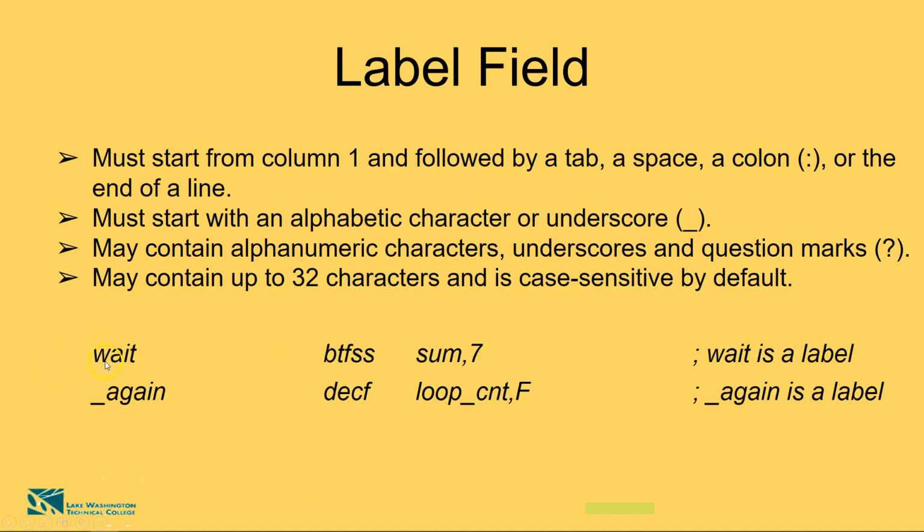You cannot make it W as a capital letter, and if you do, then you will have to make the change from the beginning. So I hope you understand, you have to make the label in such a way that all the characters should be the same type, either uppercase or lowercase, and you'll be using that throughout the program.